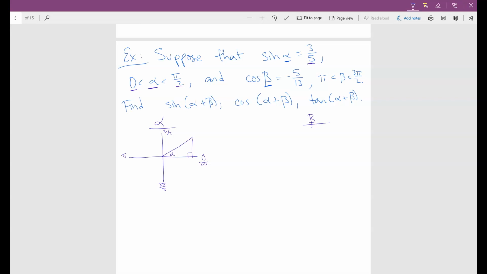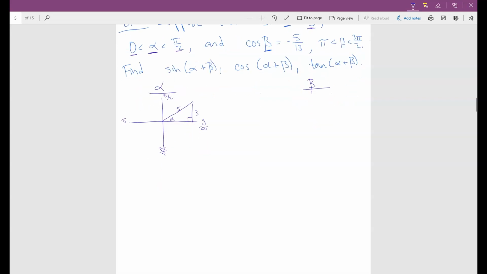Sine alpha is 3 over 5, so this is going to be 3 and 5. Let's figure out the other side. That's a squared plus b squared equals c squared, so a squared plus 9 equals 25. a squared equals 16, so a is going to be equal to 4. And notice that it's going to be a positive 4 because we're in the first quadrant.